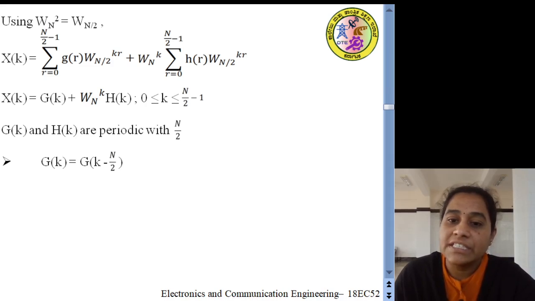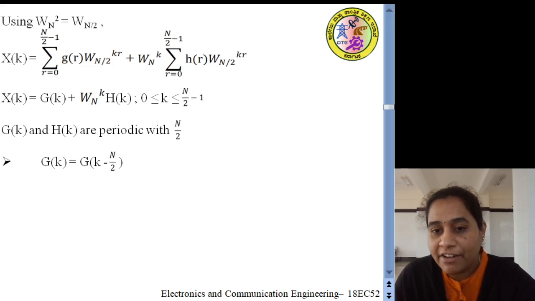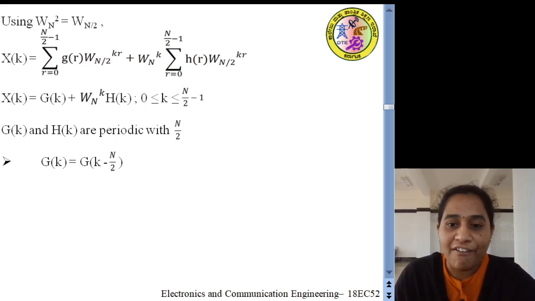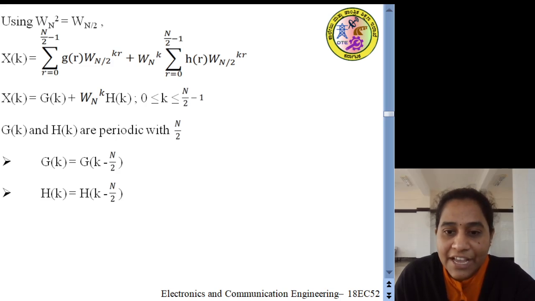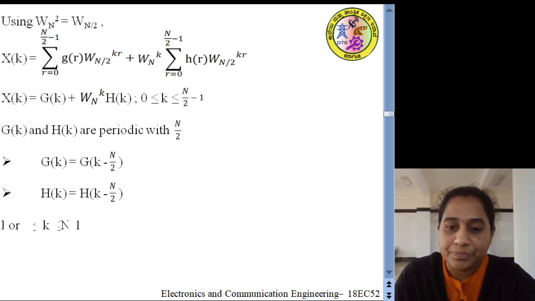Okay, so as they are periodic with N/2, how can we write? Our G(k) is equal to G(k minus N/2). Similarly, we can write H(k) is equal to H(k minus N/2).